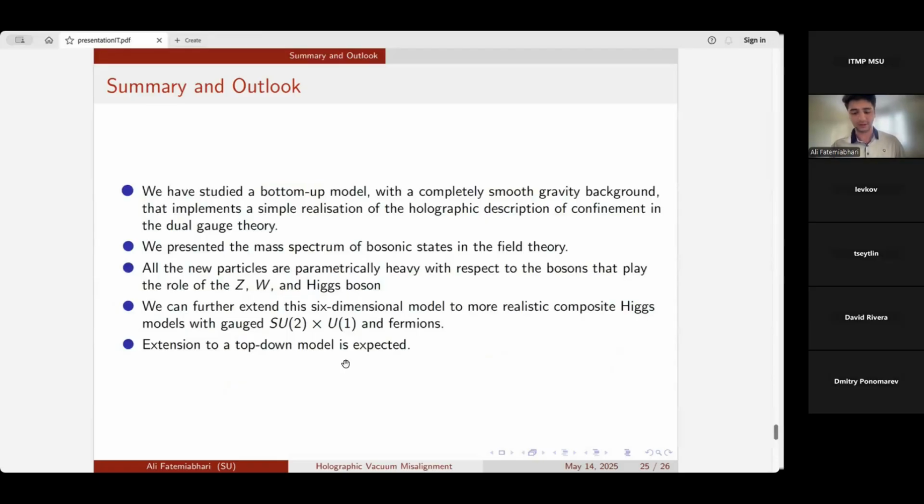That is a candidate model for studying the same mechanism. And in the top-down model, there will definitely be fewer free parameters. And that should be an actual test of whether one can produce the appropriate mass gap to fit with the required experimental bounds. Okay, thank you very much.